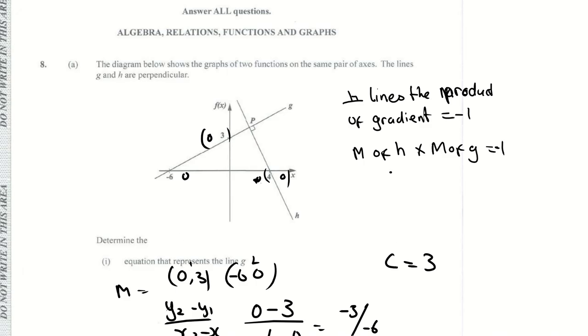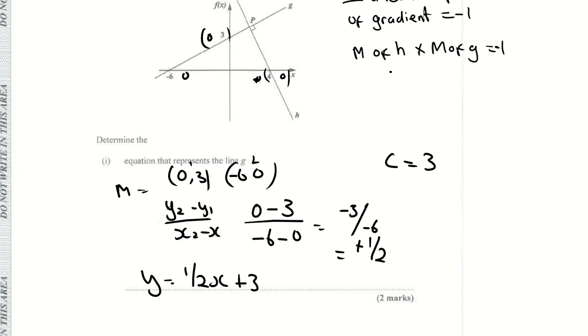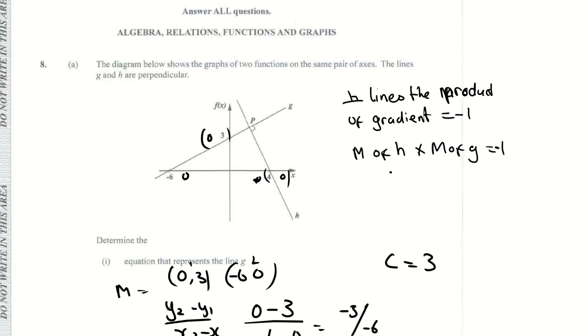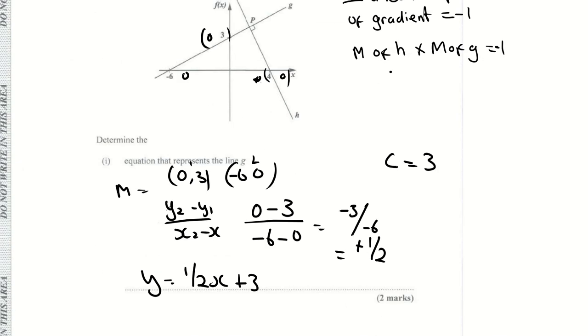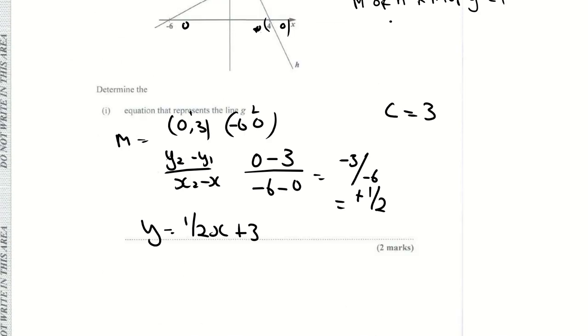When I find my gradient, which is y2 minus y1 over x2 minus x1, it is a half. I know they want the equation of the line. I use my y-intercept, which is where it intersects the y-axis, so y is equal to 3. So c is equal to positive 3. So my equation for this line will be y equals half x plus 3. Do we understand that, everyone?